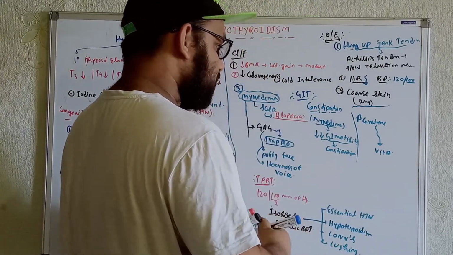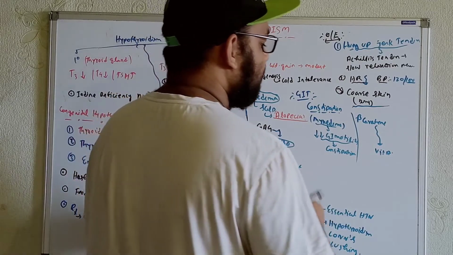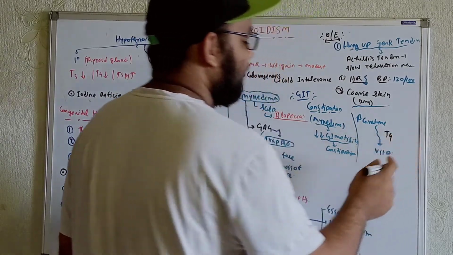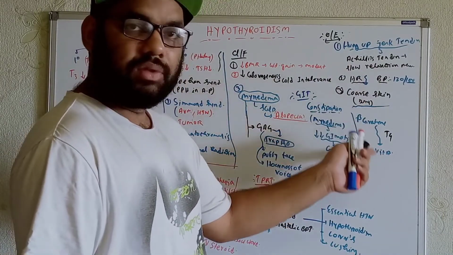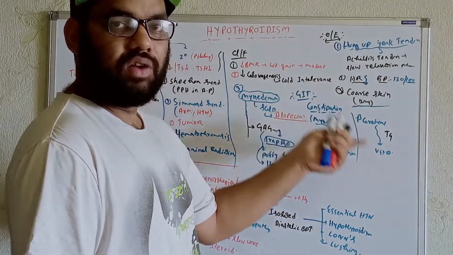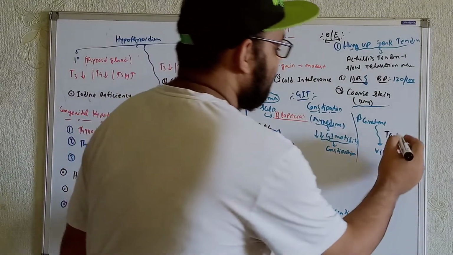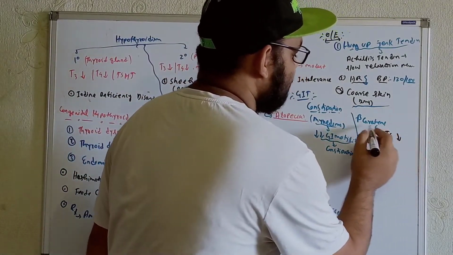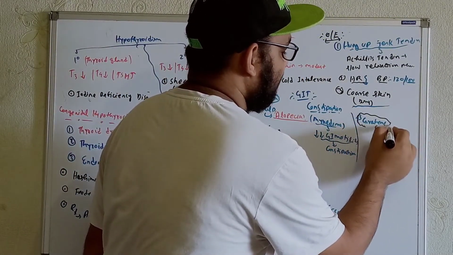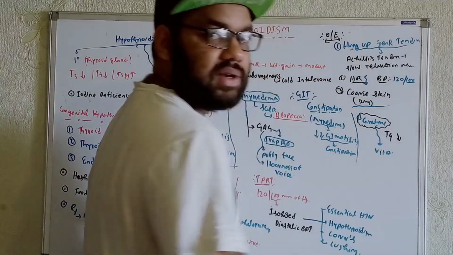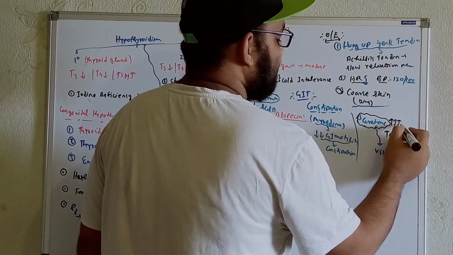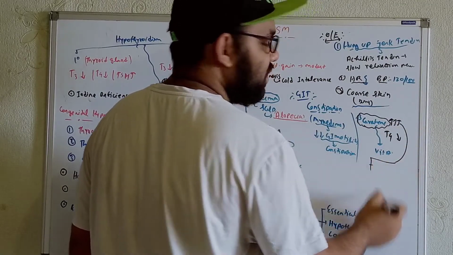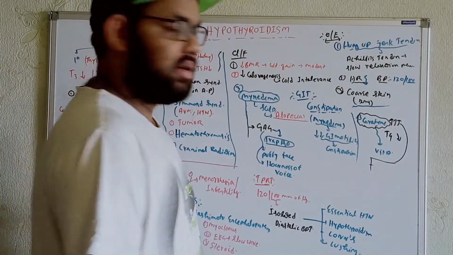The T4 helps to convert beta carotene into vitamin A. But in hypothyroidism, the amount of T4 is less. As a result, the beta carotene is not converted into vitamin A, so we get accumulation of beta carotene. As a result, we'll get yellowish skin coloration.